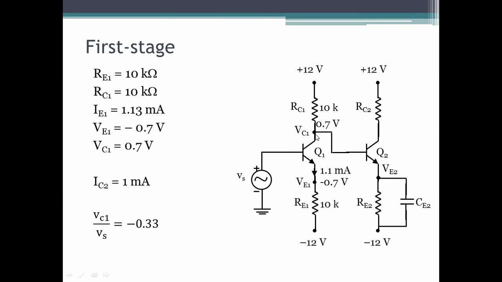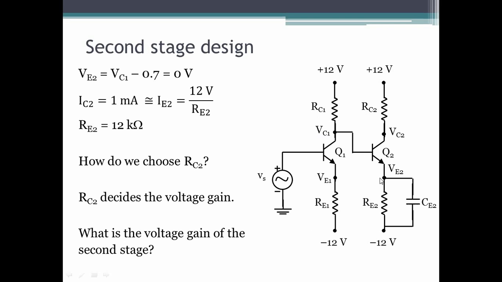From the first stage, we know that this collector voltage is 0.7. So the base voltage of Q2 will be 0.7, and the emitter voltage would be 0 volts. So that's what is here. We had already discussed last time that we'll make the collector current of all gain stages 1 milliampere, the lowest possible, so that the R-pi of that stage is the highest possible, which was 5 kilo ohms.